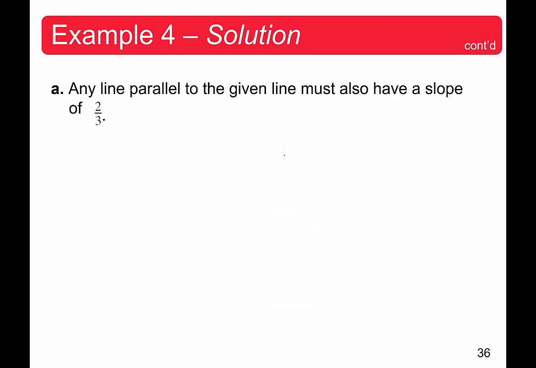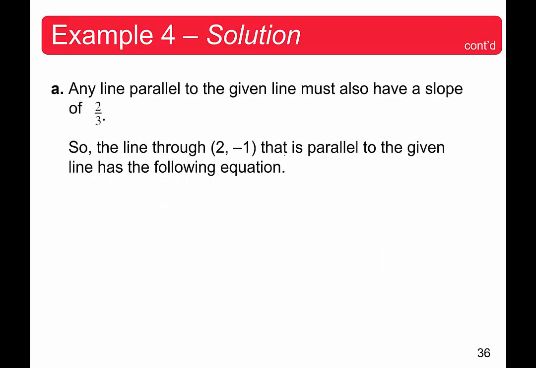So first one, let's find the line parallel to the given line, that has the slope of 2/3 and passes through (2, -1). We can use either formula. I'm going to use the point-slope formula, which is y minus y1 equals slope times x minus x1.